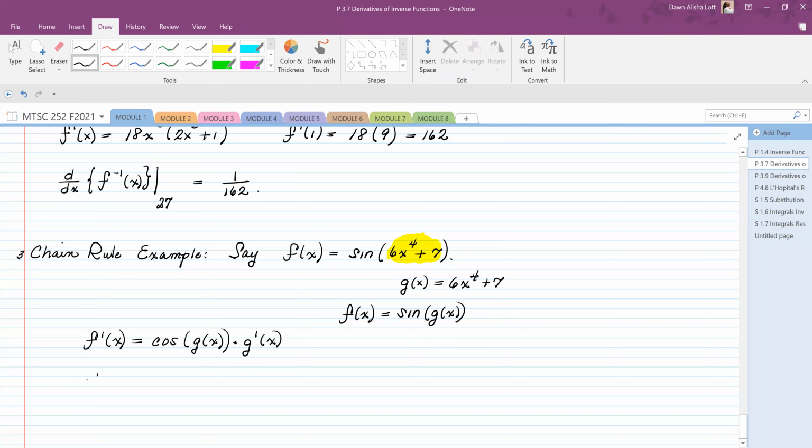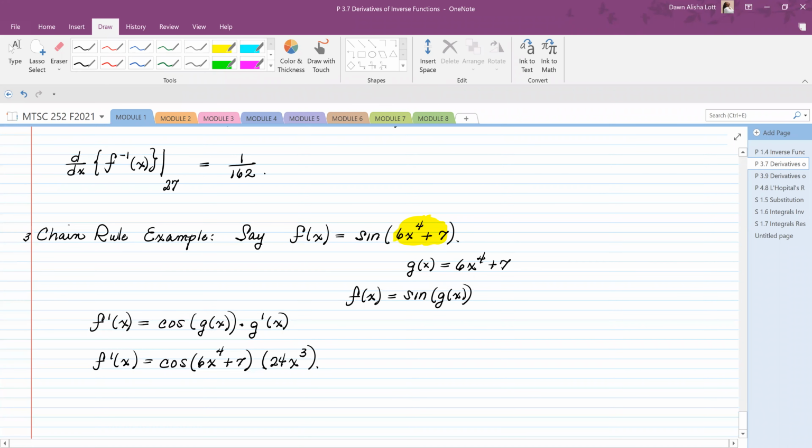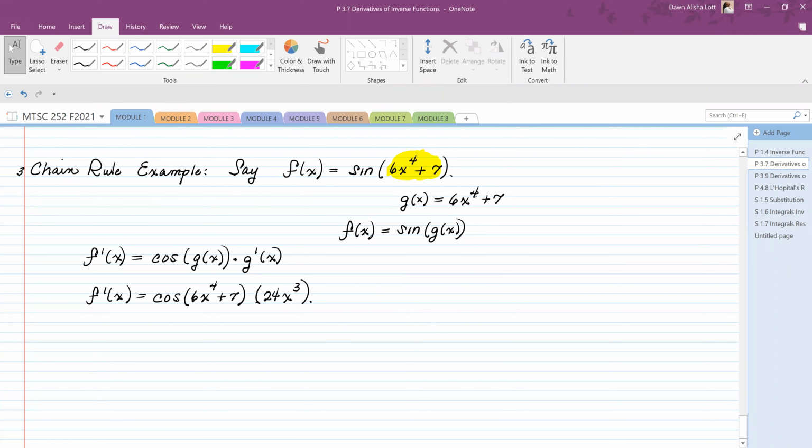So f prime of x would be the cosine of g of x, which is 6x to the 4th plus 7, and then you take the derivative of that, which is 24x cubed. So Eric, that's how it sounds to me like your professor from Calculus 1 used the f and the g. So you would get f prime of g of x times g prime of x.